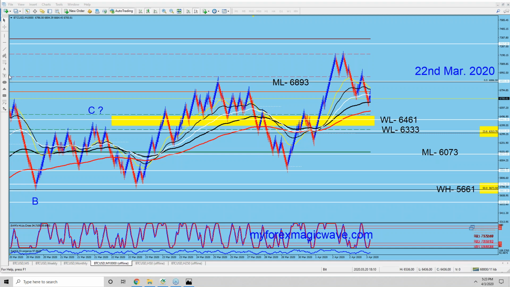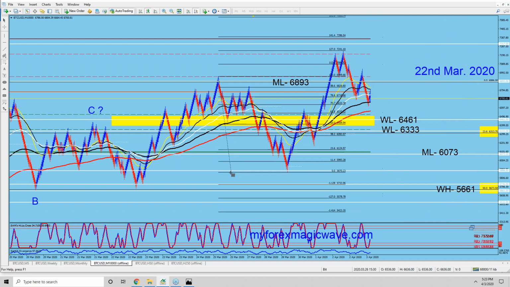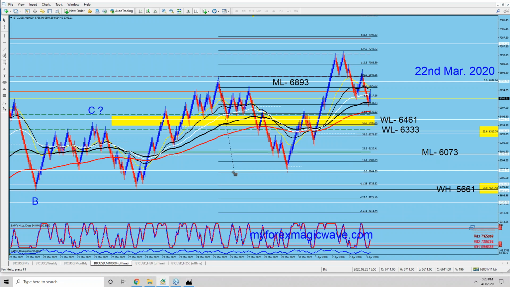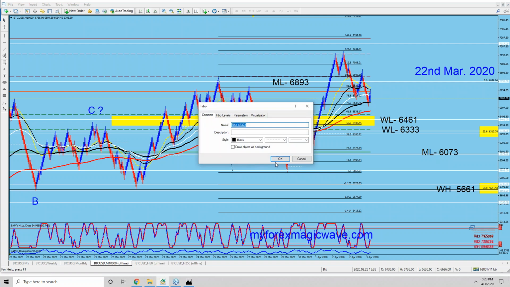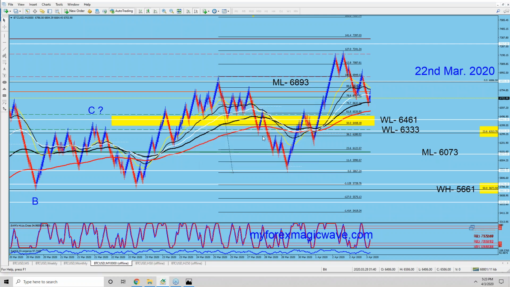Hey, by the way, look, I don't know if you guys pay attention here or not. Oh man, see, what I notice is that Bitcoin is moving very, very nicely between the Fibonacci numbers.